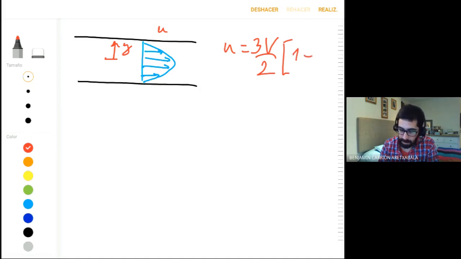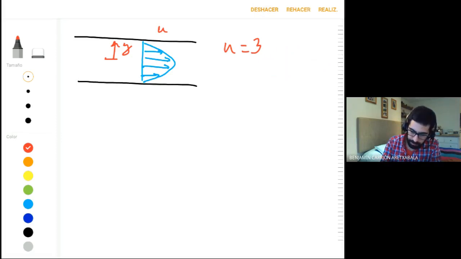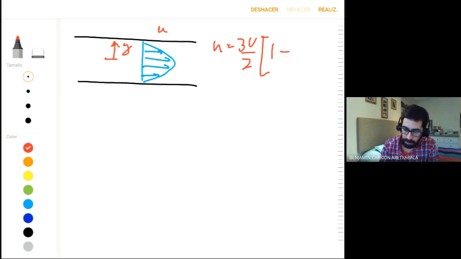So u is 3V over 2, times 1 minus y over h, squared. Okay, so this is u.